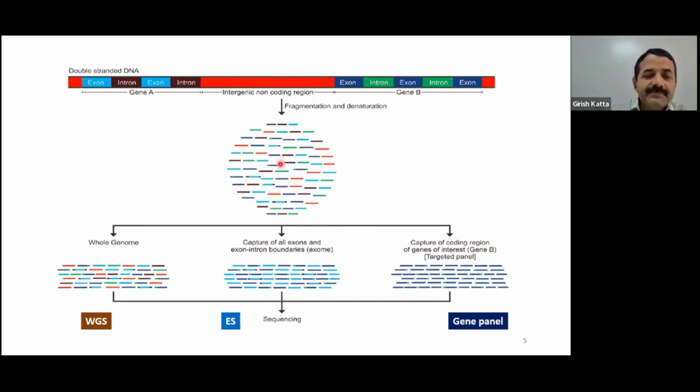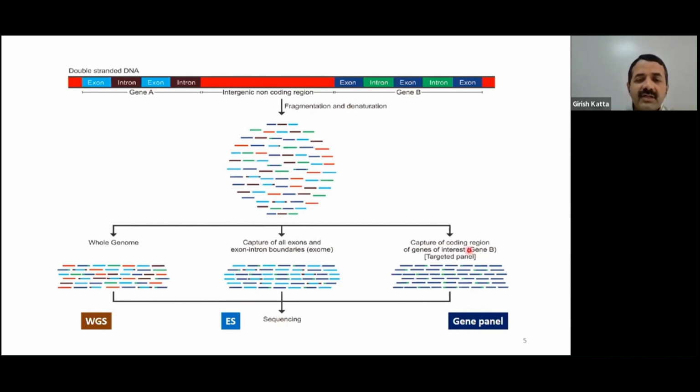But if you capture all exons and exon-intron boundaries, then it is called exome sequencing. You sequence gene A and gene B and C, D, and so on. All the protein coding genes are sequenced, then it is exome sequencing.